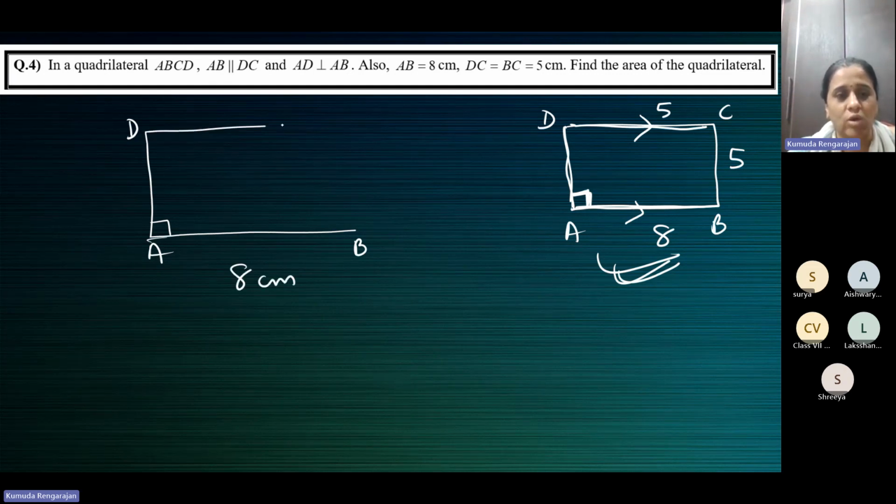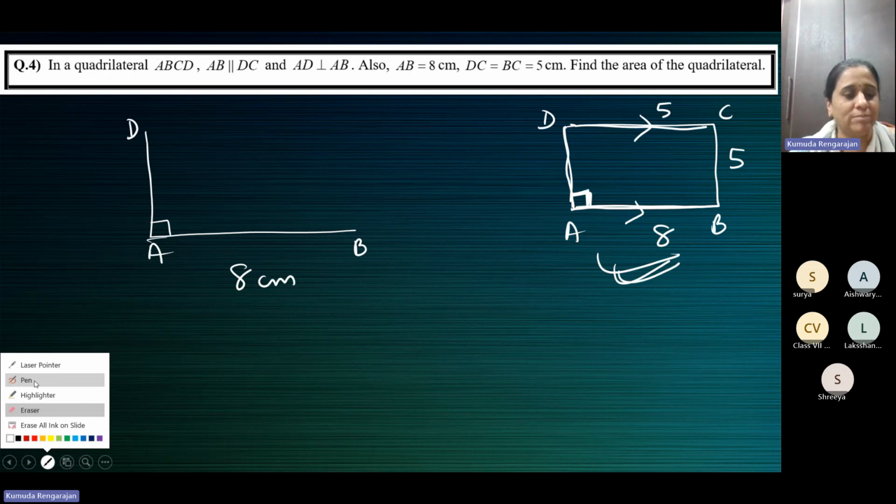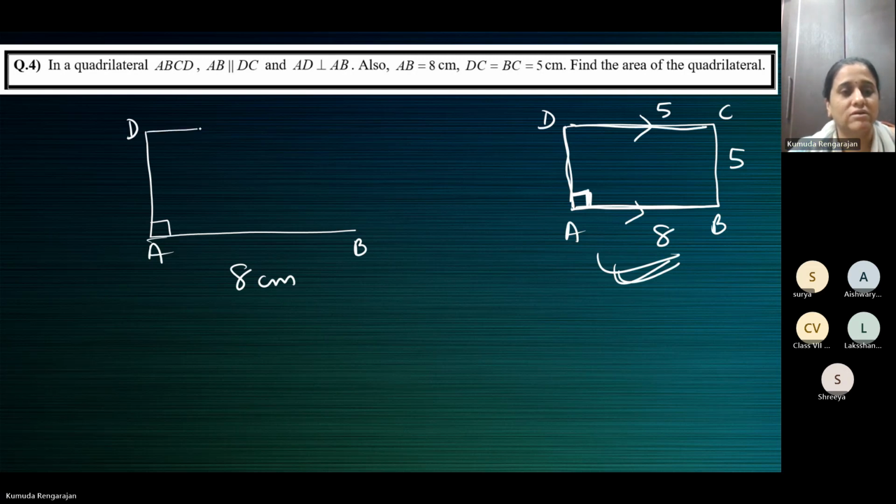So 5 should not go longer than that. So we stop it more than half the way, like this. So this is 5 centimeters. And this is obviously C. Now we'll have to join BC. And we are also given that this is 5 centimeters.